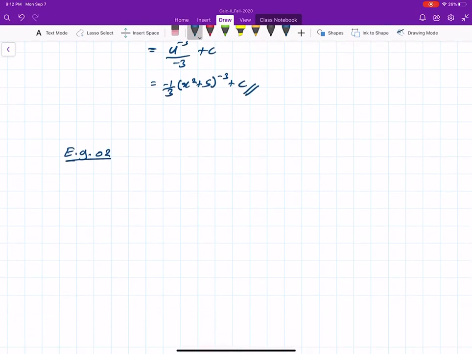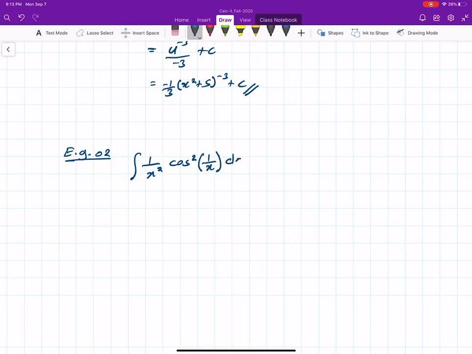Well, example number 2 is like this. Integration 1 over x square cos square 1 over x dx. All right, let's try solving this problem.